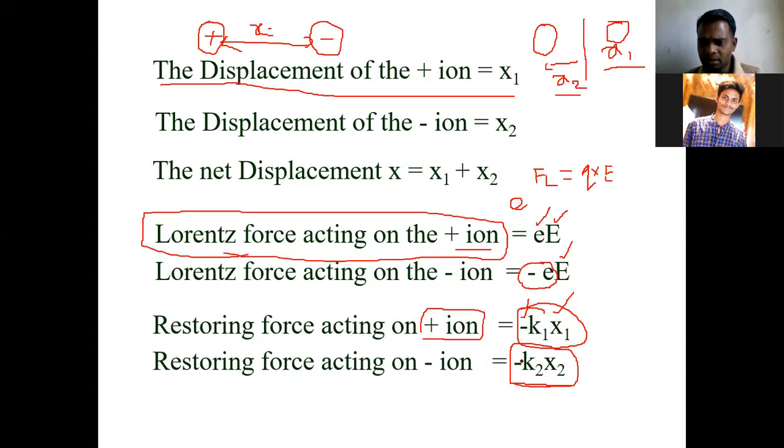Sorry, there is no negative sign. There is a positive sign. Sorry for the mistake. K2 x2 for the negative ion. Here K is called the spring constant, or restoring constant. Are you clear?